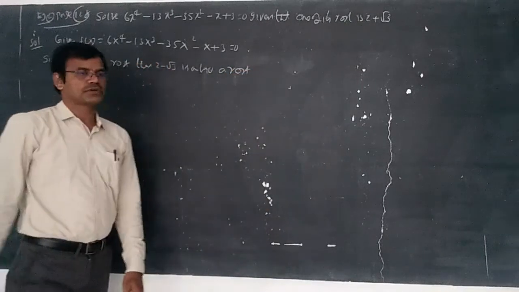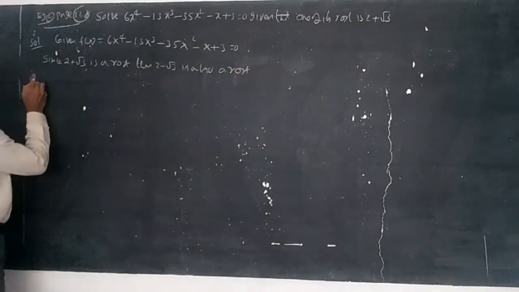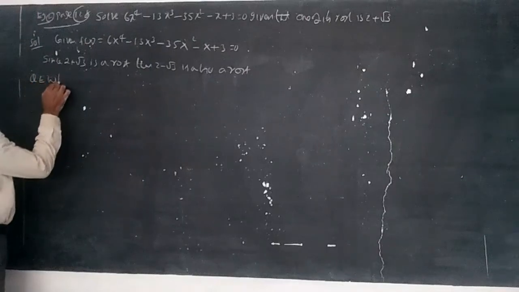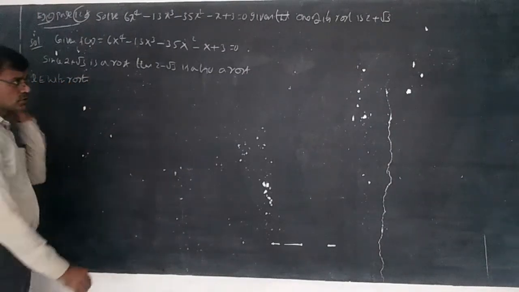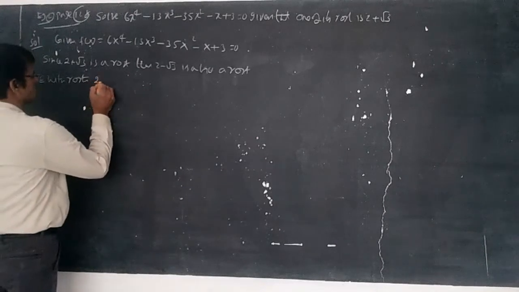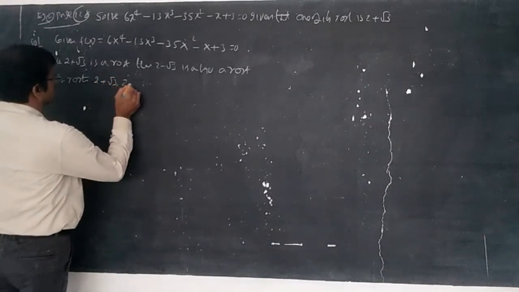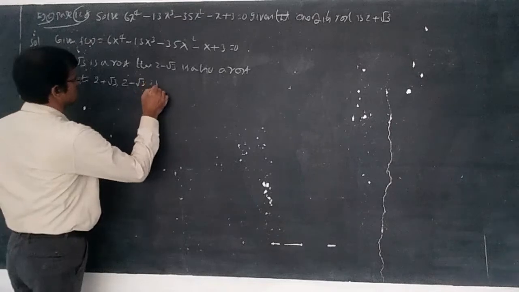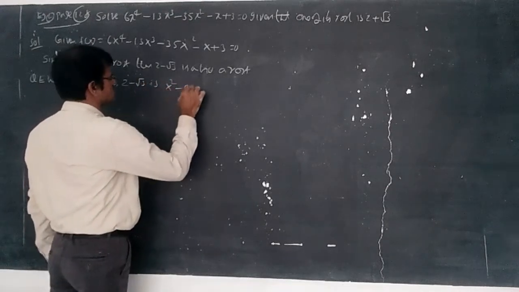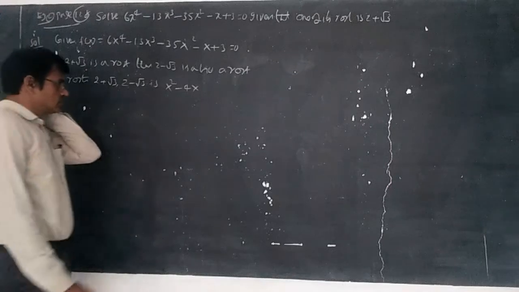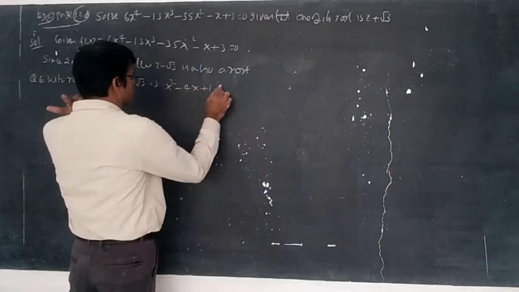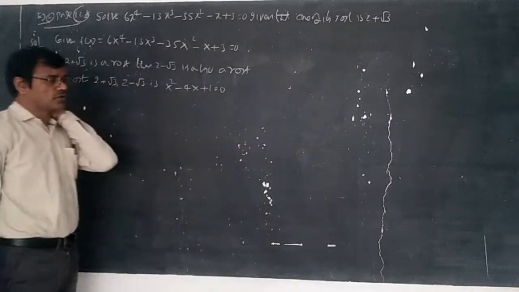Now you prepare the quadratic equation with roots 2 plus root 3, 2 minus root 3: x square minus 4x plus 1 equal to 0.